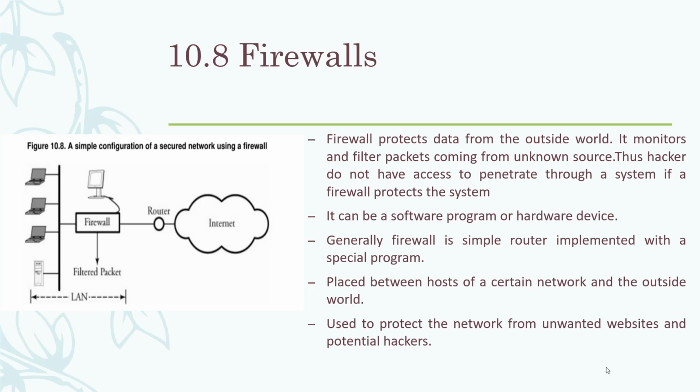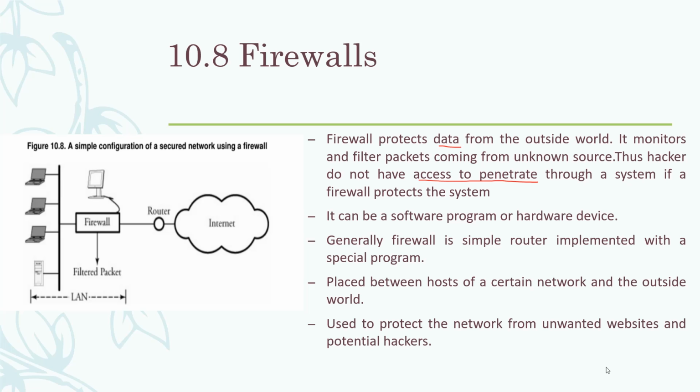A firewall is a network security device which protects the data from the outside world. That means it monitors and filters packets coming from unknown sources. Thus, the hacker will not have access to penetrate the system, and the data present in the system is kept safe.